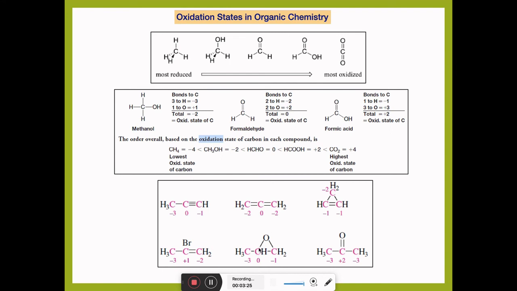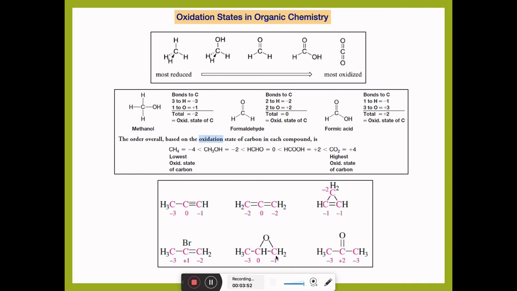In a similar way, you will observe here also it is minus 3, and here it is 0. Now why is the middle carbon of the epoxide 0? Because the hydrogen will contribute minus 1 and the oxygen will contribute plus 1. So minus 1 and plus 1 becomes 0. That's why the carbon has a 0 oxidation state.